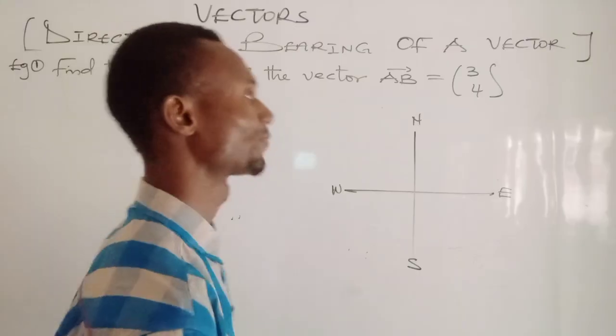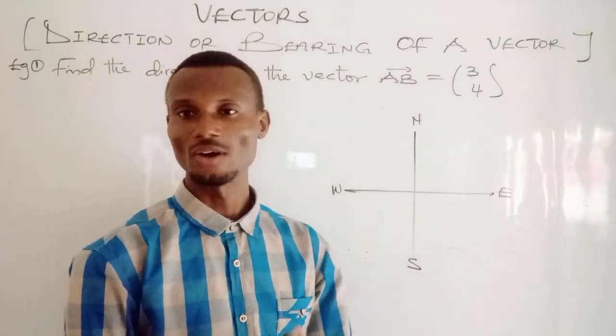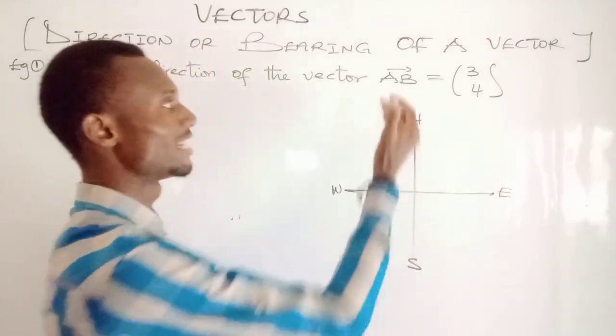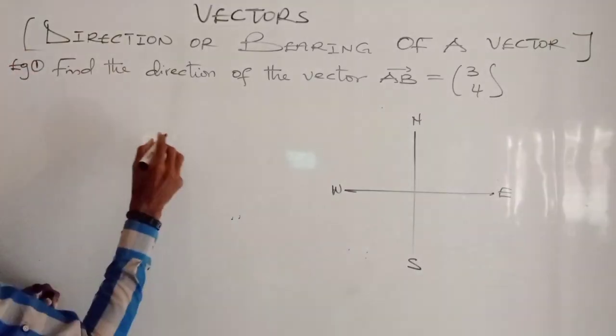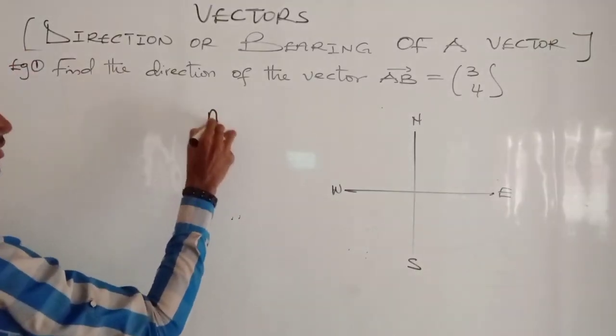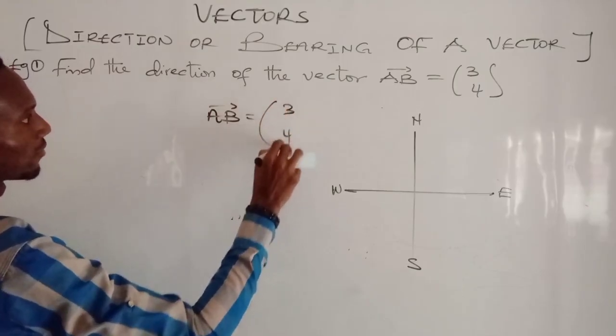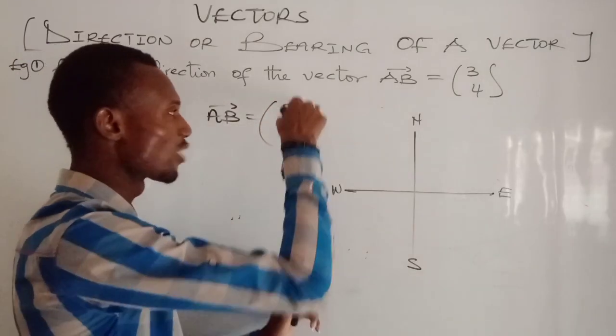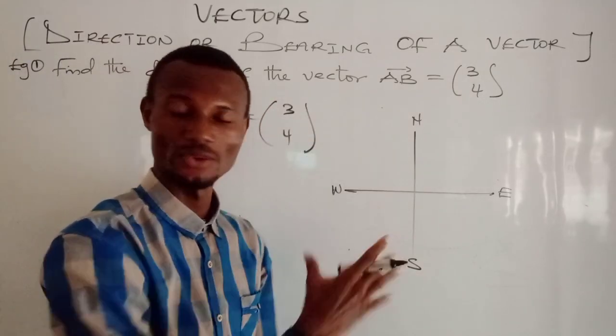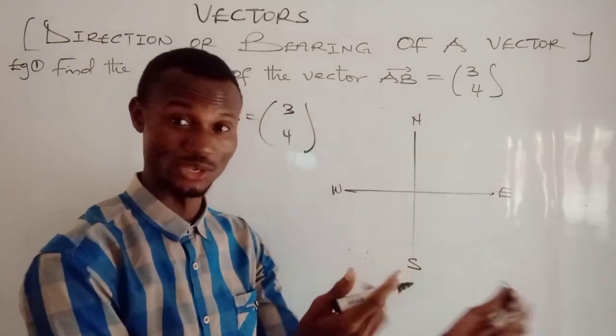Now you can all agree with me that the vector AB, let me write the vector AB down. So I have the vector AB equals 3, 4. These are the components of the vector AB which I've explained in the previous videos.